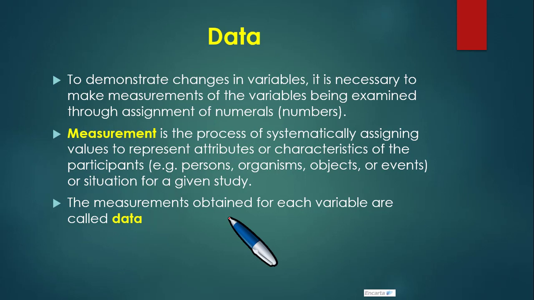Measurement is the process of systematically assigning values to represent attributes or characteristics of the participant. Example: persons, organisms, objects, event, or situation for a given study. The characteristics of these participants are what we call variables, and that is what we are trying to understand, whether they change or they do not change.